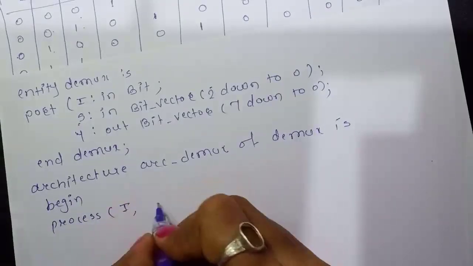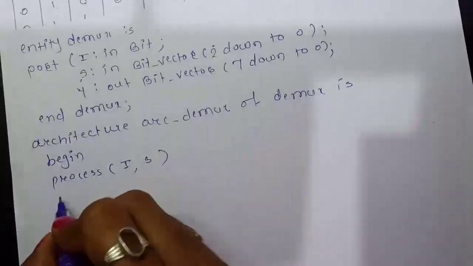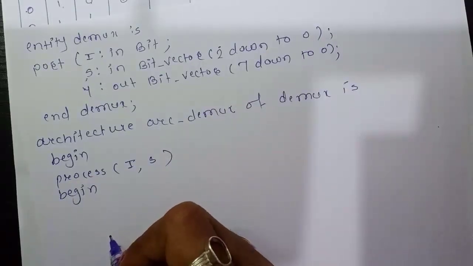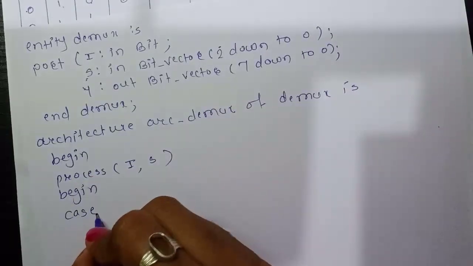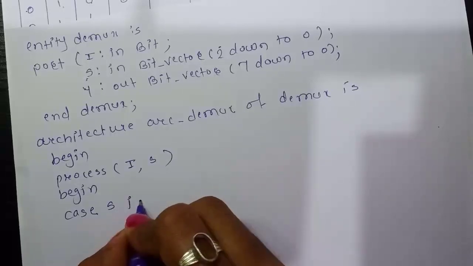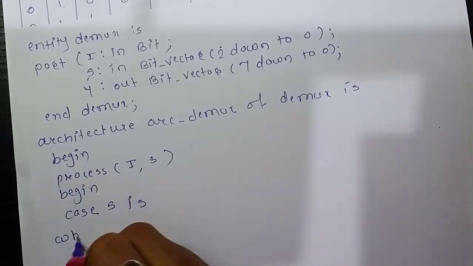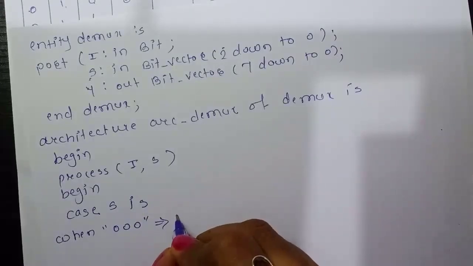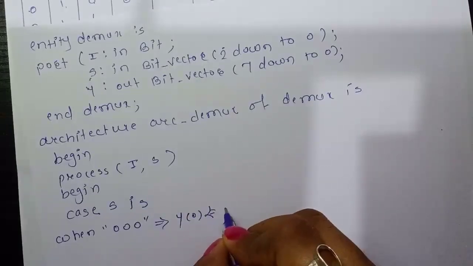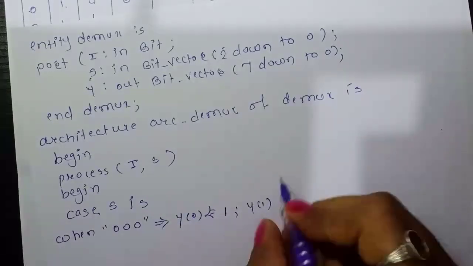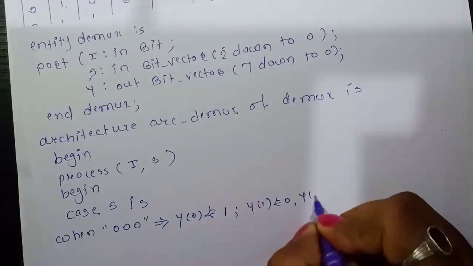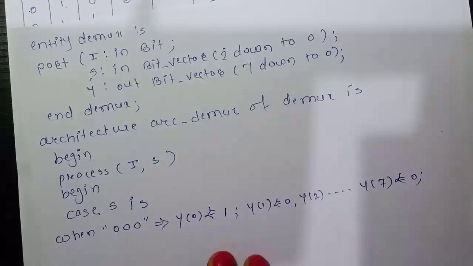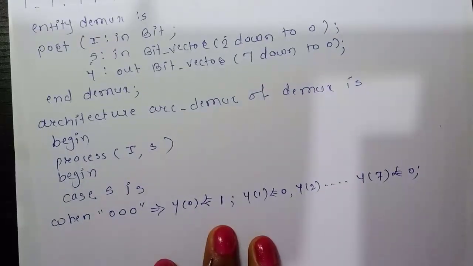Inside the process we always mention our changing inputs, that is I and S, then again begin, and now we have to list out all our selection cases. For that I am using the case keyword. The case is S is. So when the selection lines are 0 0 0, Y0 is assigned 1, and all others, Y1, Y2 up to Y7, are assigned 0.